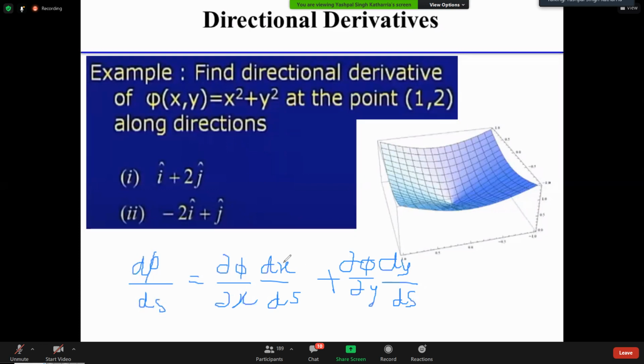I hope you understand here that x and y could also be functions of s.